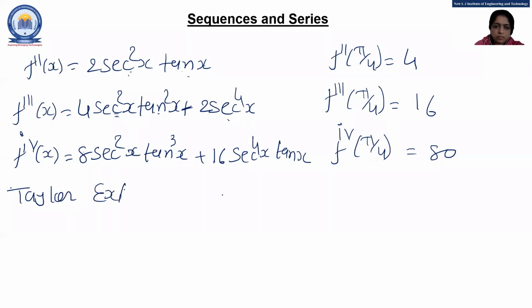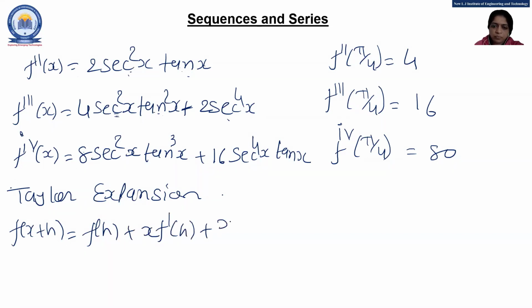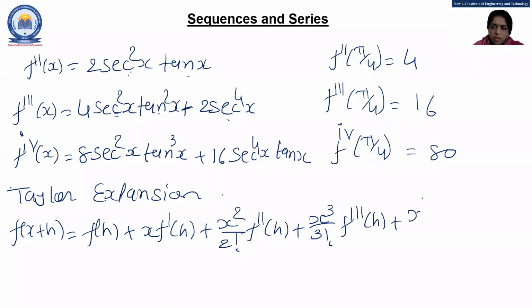Our Taylor's expansion is f of x plus h is equal to f of h plus x f dash h plus x square by 2 factorial f double dash h plus x cube by 3 factorial f triple dash h, and the last one x raised to 4 upon 4 factorial f raised to 4th power of h.